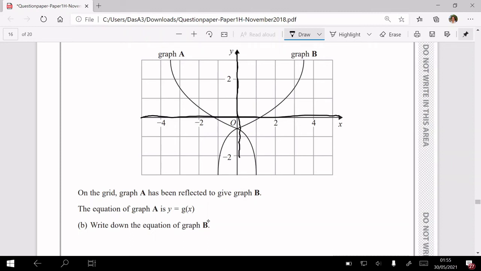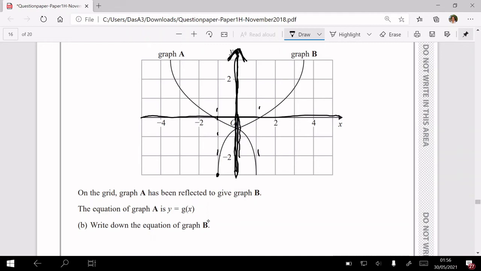So graph A to B, if it was reflected in the y-axis, then if you look at the points, let's say for example this point, the x value is the one that changes.